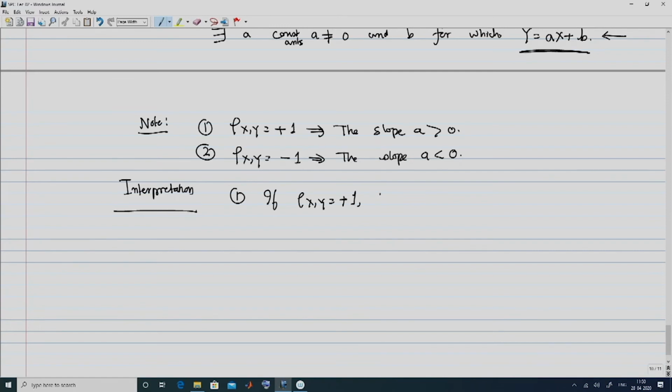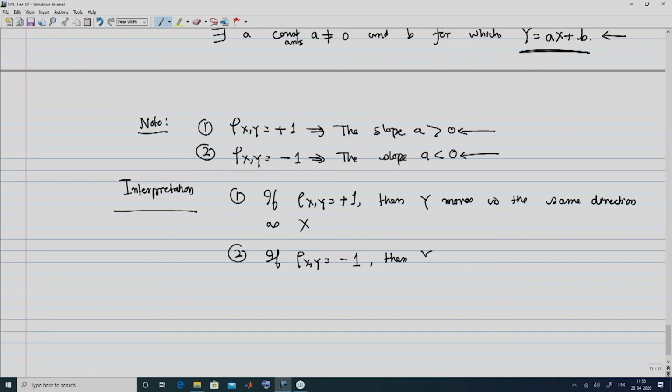I am making this inference from the fact that Y is equal to aX plus b with a being positive, so I can conclude that Y moves in the same direction as X. Likewise, if rho XY is equal to -1, I again look at the linear relation and take into account the fact that the slope a is less than 0.